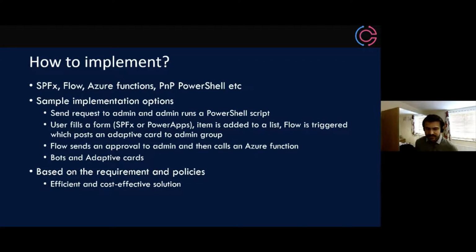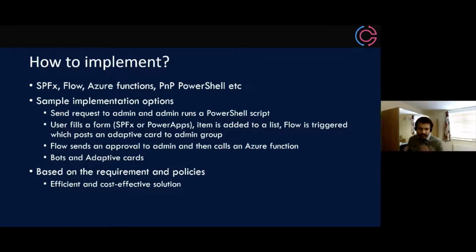In other cases, say the end user, instead of sending an email, fills out a form in a SharePoint Framework web part or a Power Apps form, and that adds an item to a list, which triggers a Power Automate flow, which posts an adaptive card to the admin group. The admin group can then look into that adaptive card and go ahead and create a team by running a PowerShell script. So those can be considered manual options.